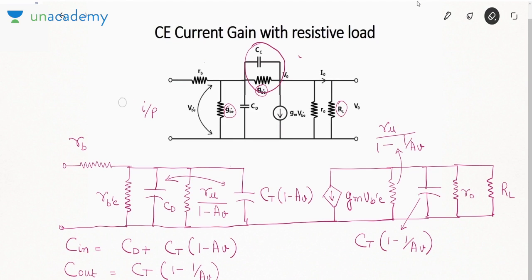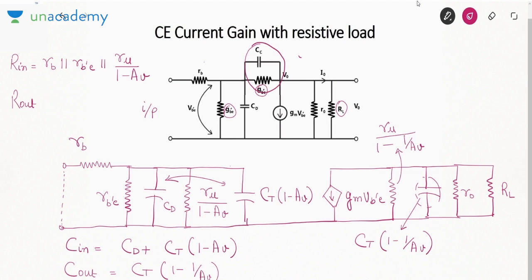Like in low frequency response, I told you we have to find the Thevenin resistance across each capacitance. For Thevenin resistance, you will short circuit the supply. So what is the input resistance if I see? It is RB parallel Rb'e parallel R mu over 1 minus AV. What about output resistance? Output resistance means the resistance across this capacitance.